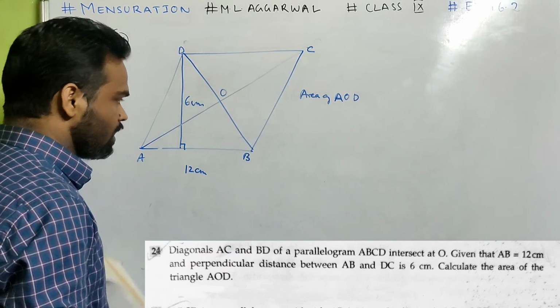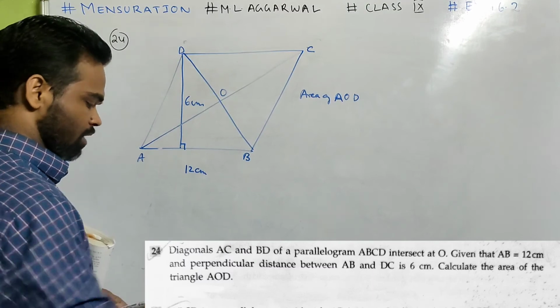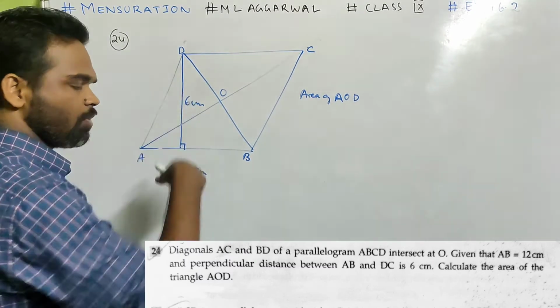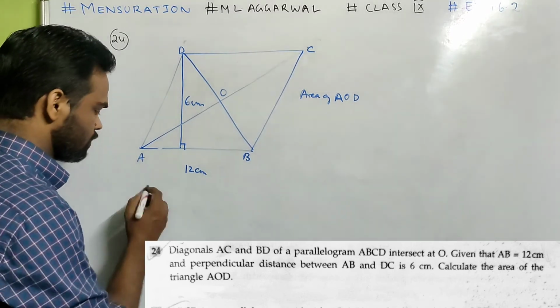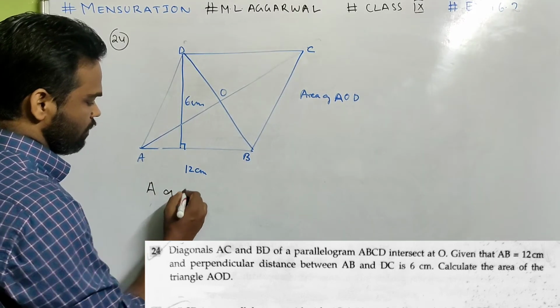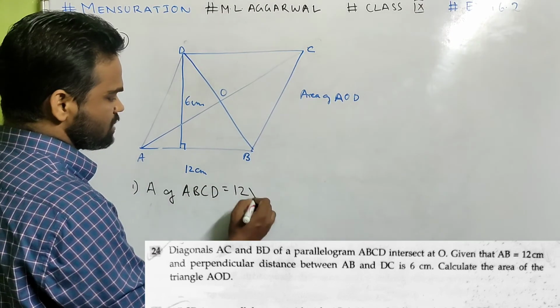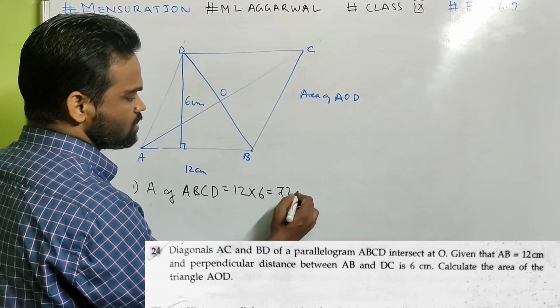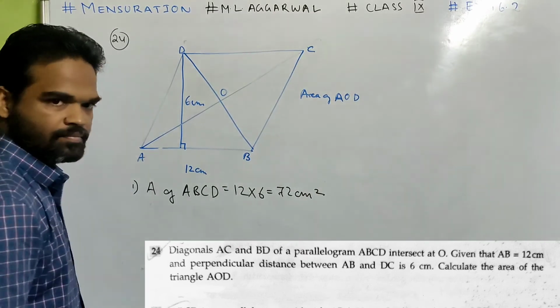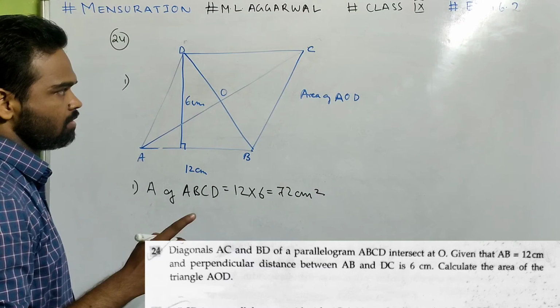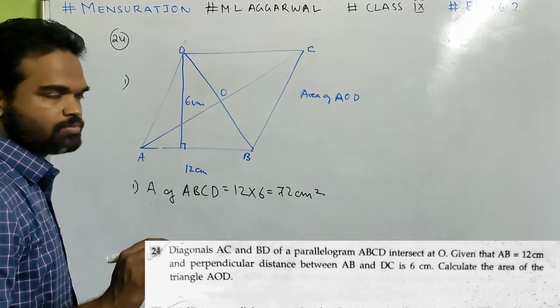First thing what I'll do, I'll find the area of this parallelogram. Very easy, because base and corresponding height is given. Just look. Area of ABCD is nothing but base into height. That's 72 centimeter square. Done. Now, we have done the theorems on area.